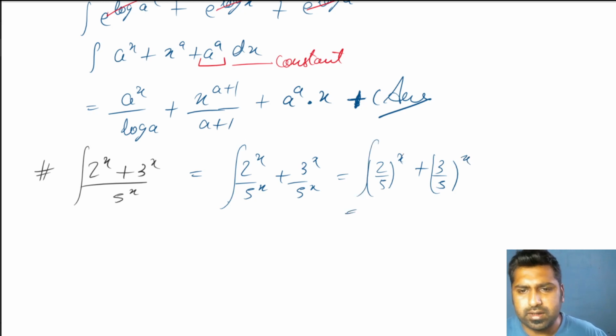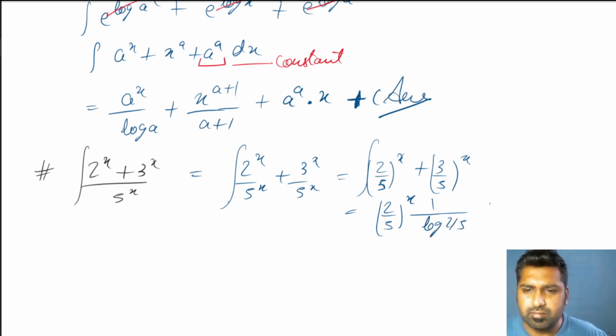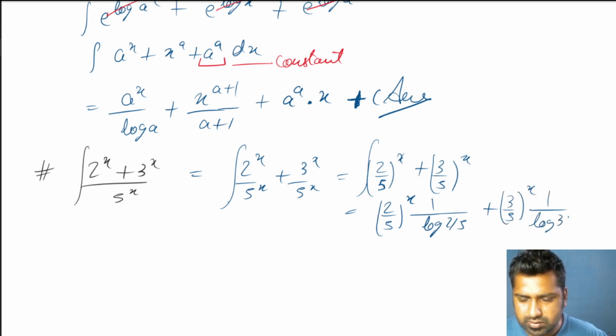And now you can integrate. That's your a basically, a raised to power x. So the integration of a raised to power x is a raised to power x upon log a, giving 2 by 5 raised to power x upon log 2 by 5, plus 3 by 5 raised to power x upon log 3 by 5. That's the answer of this.